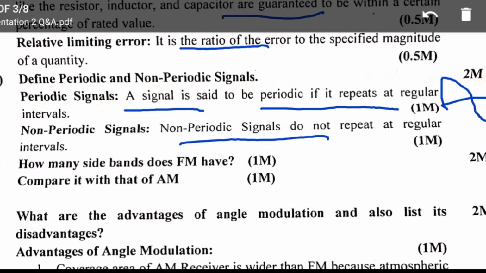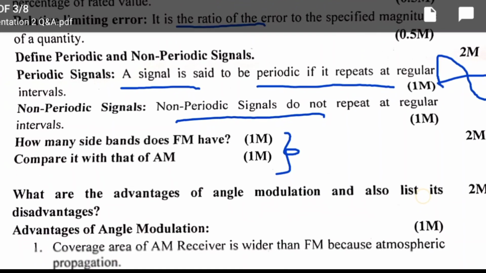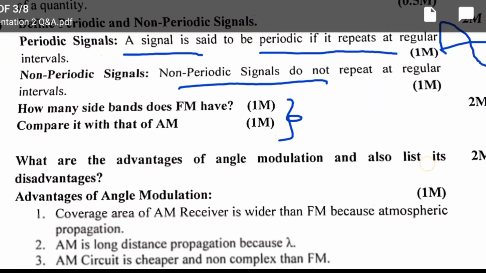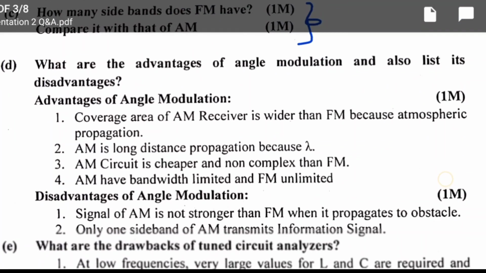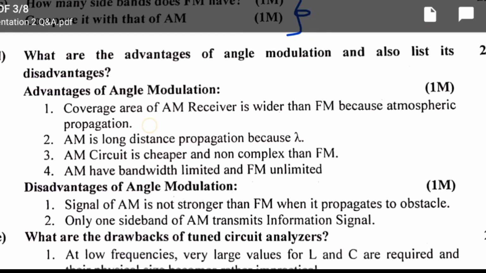Coming to how many side bands does an FM have? Compare with amplitude modulation. If you write about modulation techniques, you can get 2 marks. What are the advantages of angle modulation? List its advantages. Angle modulation is a digital modulation technique.